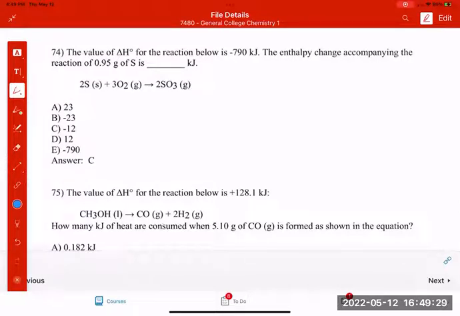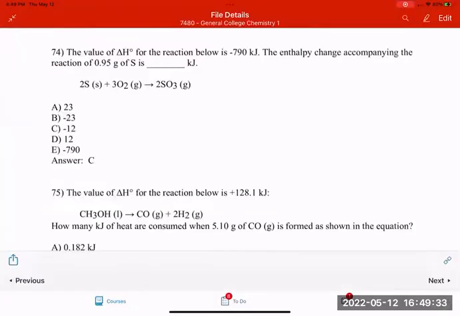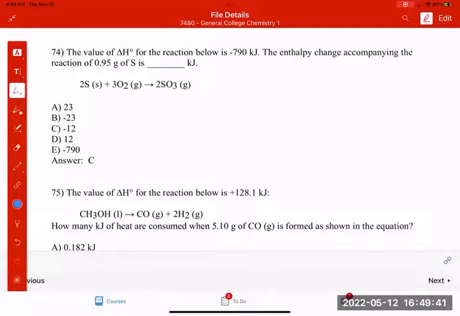Okay, how would you do this one? Let's just do this one. Here, guys, you are given for this reaction, the delta H value for this reaction is negative 790 kilojoules.